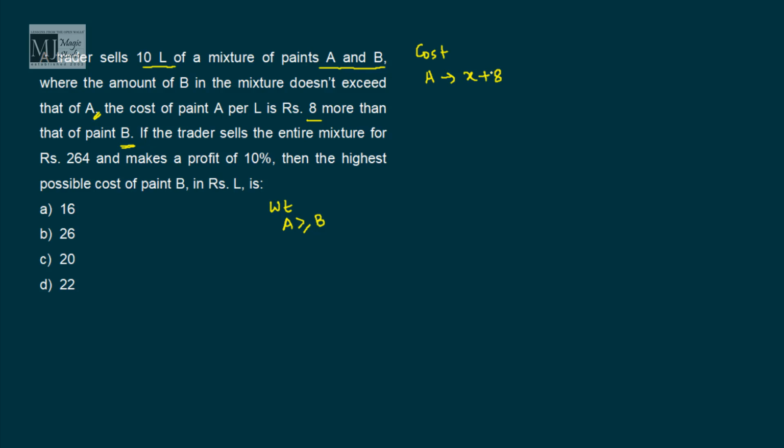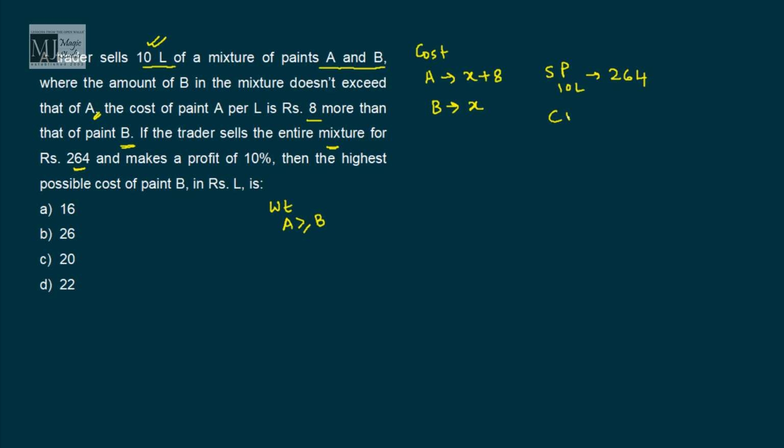So let me take the cost of A as x plus 8 and the cost of B as rupees x per liter. The trader sells the entire mixture, that is 10 liters, for rupees 264 and makes a profit of 10%.